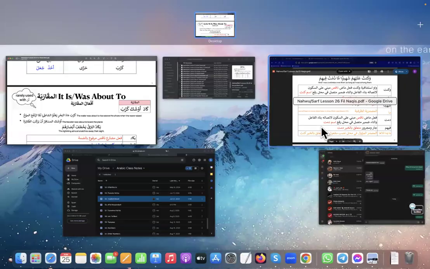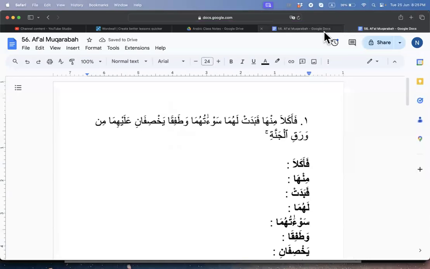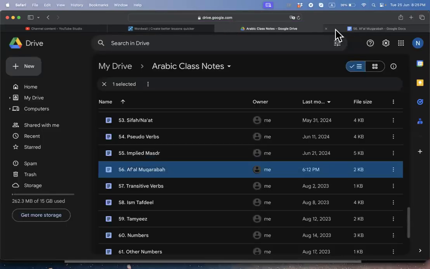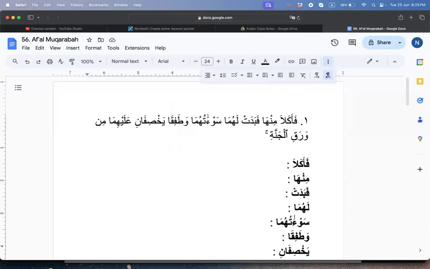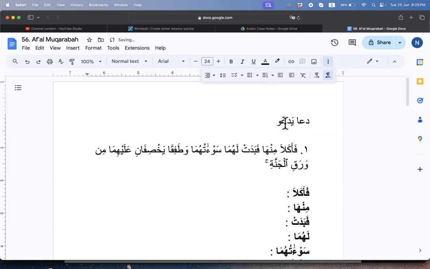That is our fi'il mudhari, marfu. You have da'a madi, yad'u mudhari marfu, huwa. If it's mansub, it will be yad'uwa, because waw can take a fathah, so lan yad'uwa.